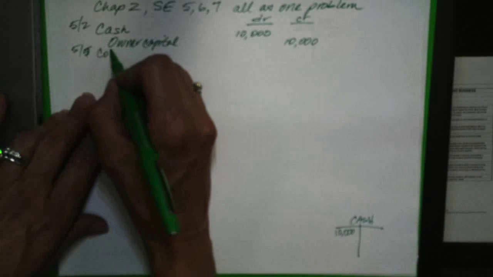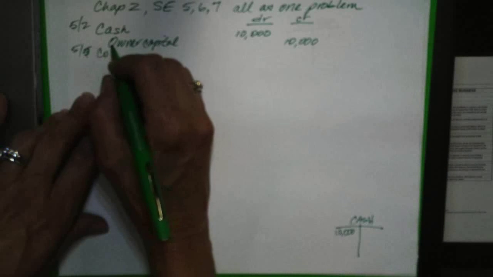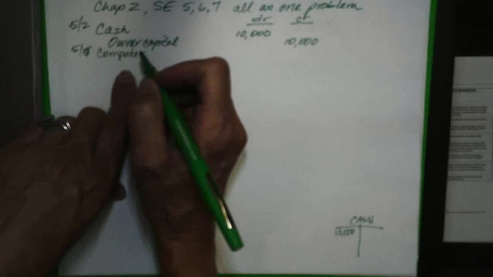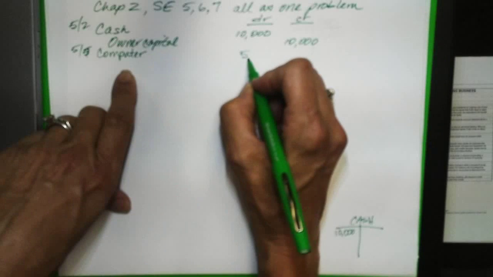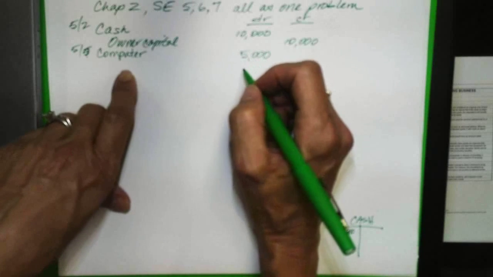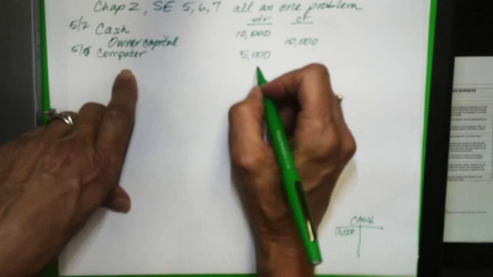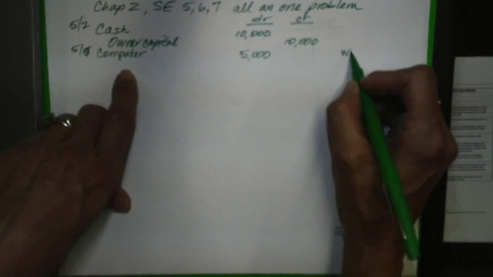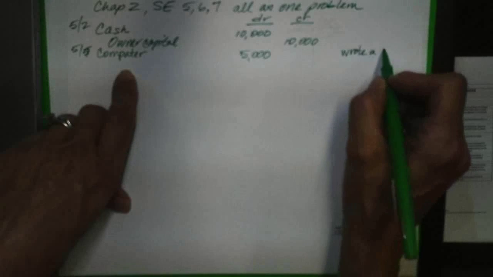So I will call it a computer account, knowing this is an asset. It's increased 5,000. It said he purchased the computer for 5,000 in cash, so that means he wrote a check.